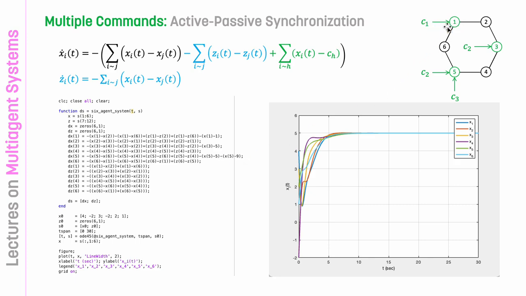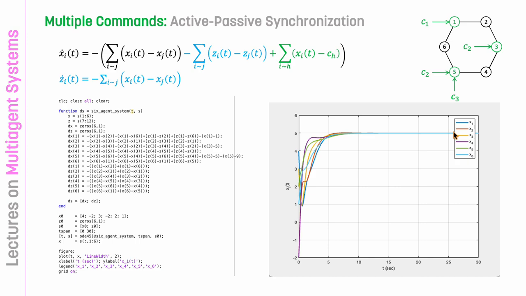C1 affects one entity, C2 affects another entity, C3 affects another, and agent 3 is affected by C2, so we need to count it. So 4 affected. The summation of C1 plus C2 plus C2 plus C3 is 20, 20 divided by 4, agents converge to 5.